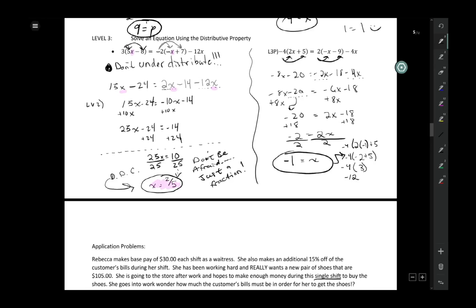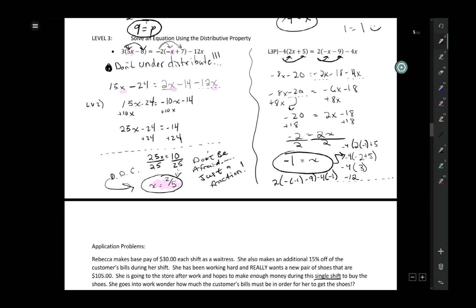And for this one here, so this is the left-hand side. 2 times negative 1. It's minus a negative. Minus 9. Minus 4 times negative 1. It's positive 1.